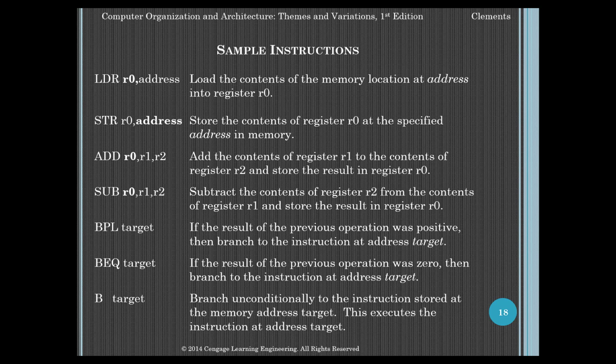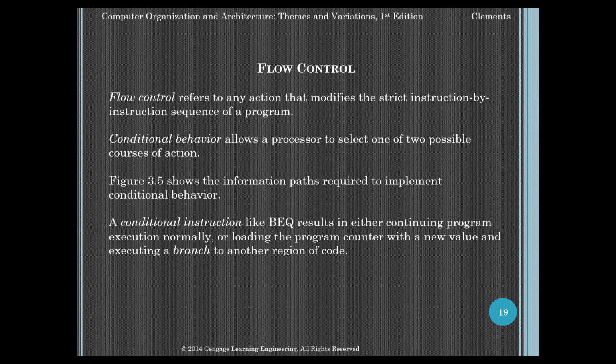We learn about conditional behavior, if statements, switch cases, while loops, things like that which allow us to change and branch inside of our application code. Well, this is the exact same idea, but it's happening at the memory instruction level for our machine. So let's take a look at this figure while we talk about flow control.